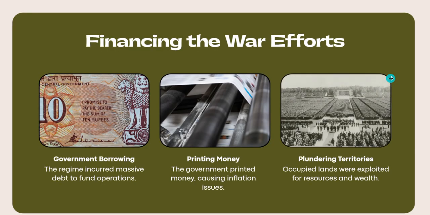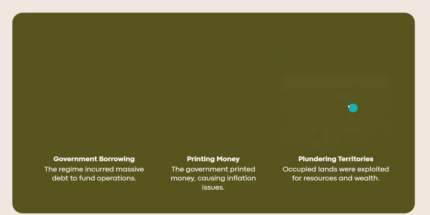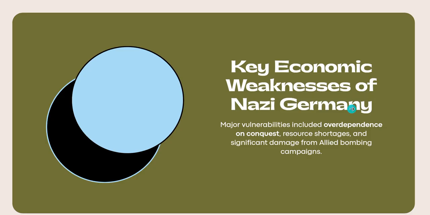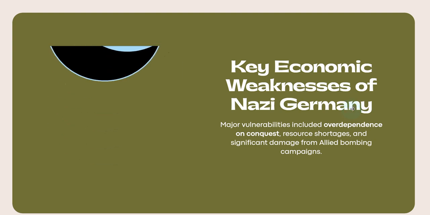As the war continued, the German economy became very hard, and we can see here government borrowing, printing money, and plundering territory. They occupied territories and exploited their resources. Now, how did he control the German economy?